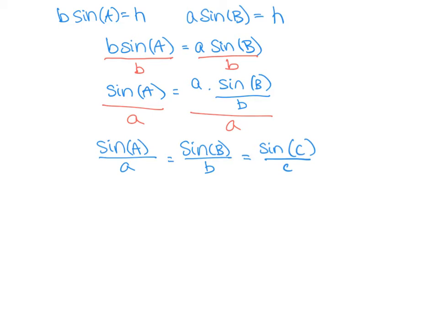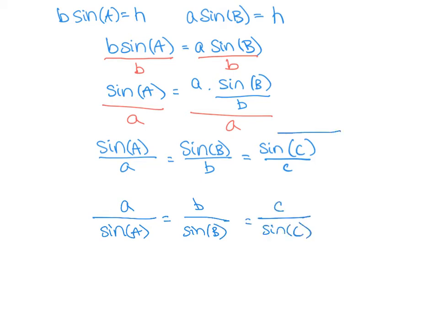As long as your angles are lined up with other angles and your sides are lined up with other sides, it doesn't matter. So if you have your side length a over sine of angle A is equal to side length b over sine of angle B, which is equal to side length c over sine of angle C, that is also okay.